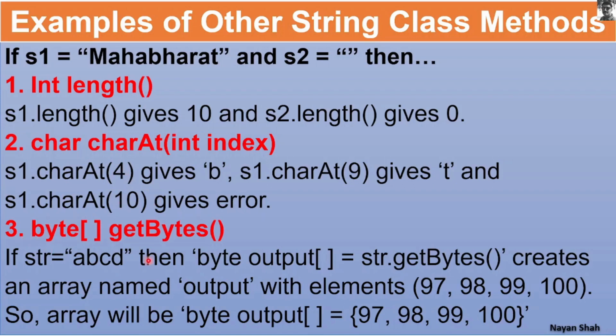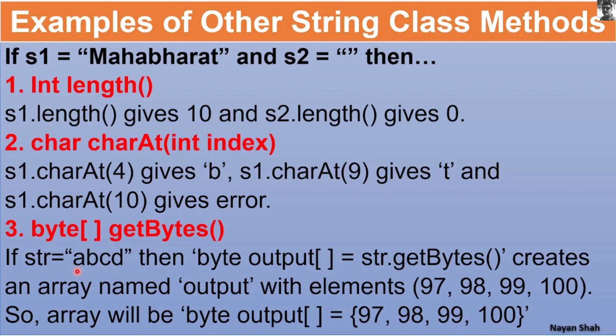Third method, byte array getBytes. If string str is equal to abcd, then if you write byte output array, this is the name of the array, is equal to str.getBytes, it will create an array named output with elements 97, 98, 99 and 100. Why? Because the number for small a is 97.